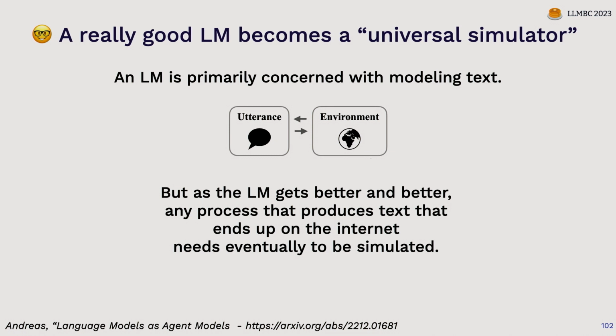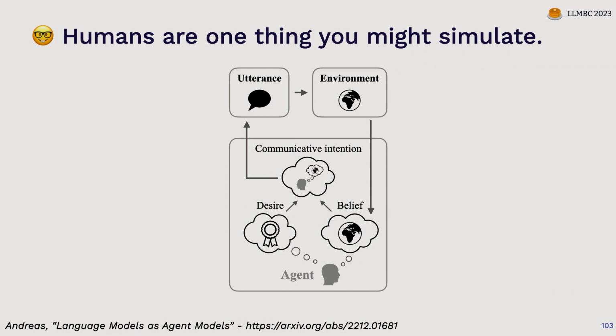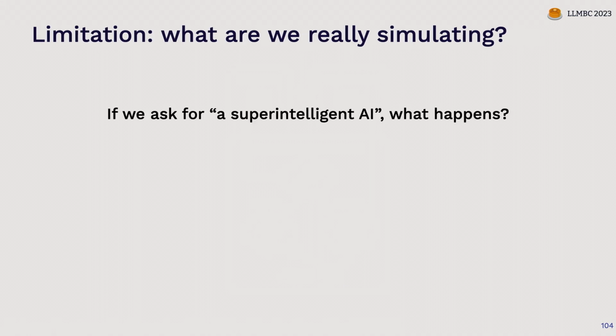So as language models compress more and more of the internet, in order to represent that information compactly, they learn these internal representations of things that you can get them to reproduce by just describing the type of thing that you want them to output, or the type of person who would output it. Humans are one thing that you might simulate, and one effective thing to try to get your prompts to simulate, but not the only one.